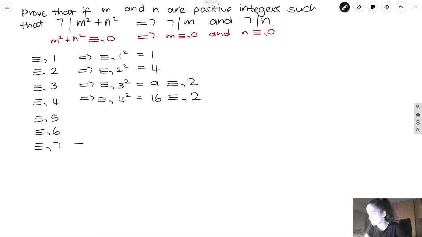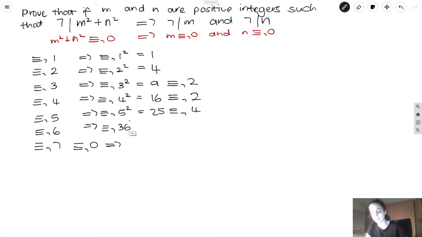So we can say this is equal to 0 mod 7. 5 squared is 25, which is equal to 4. 6 squared is 36, which mod 7 will be equal to 1. 0 squared we can rewrite as 0 mod 7.